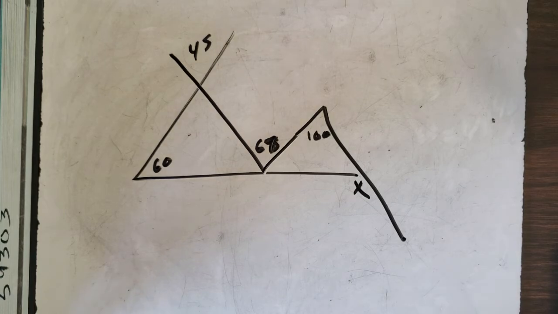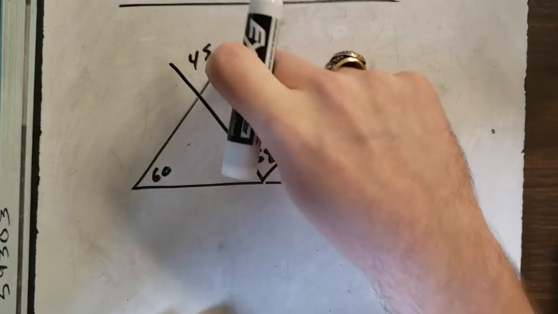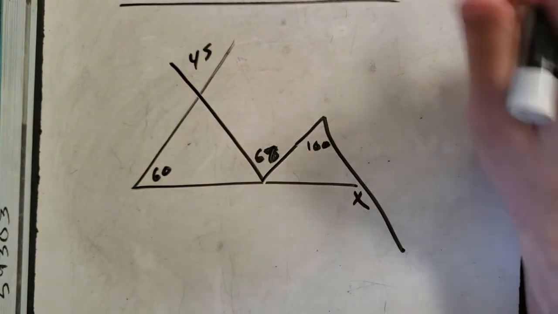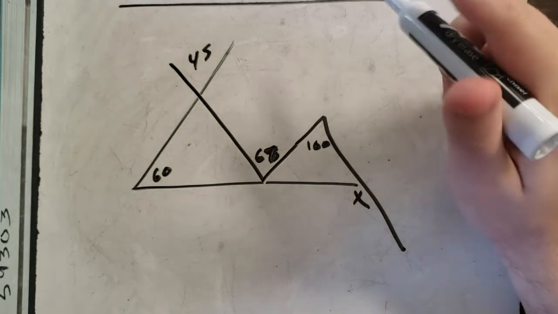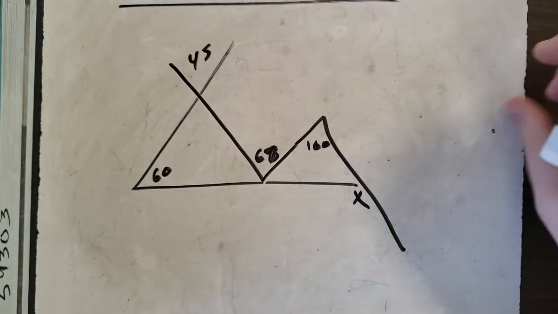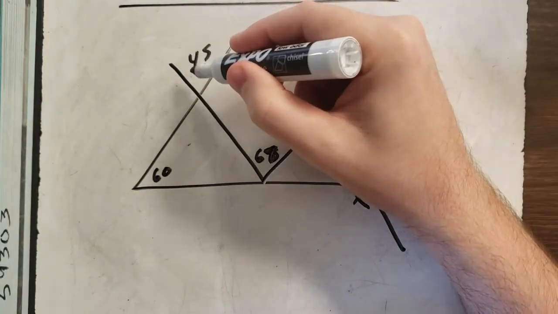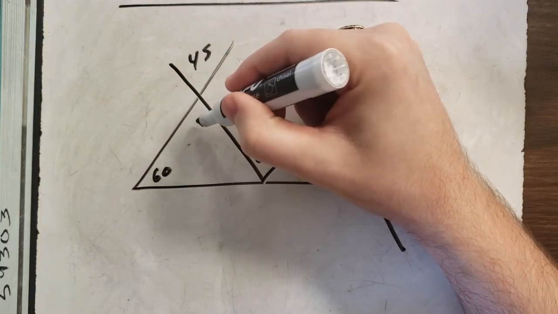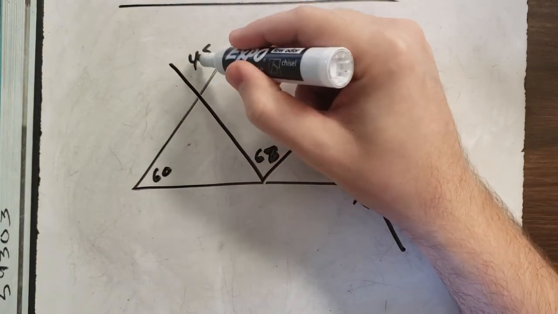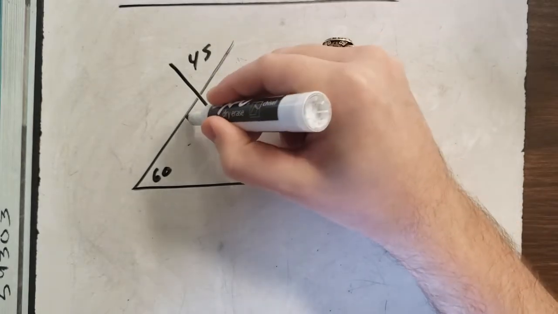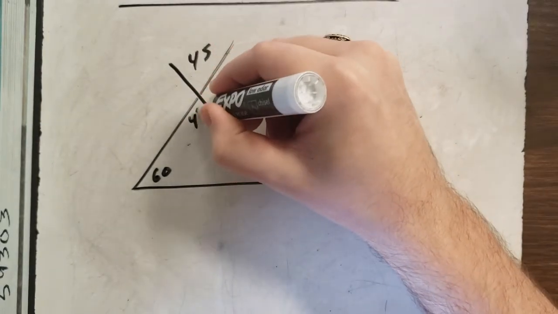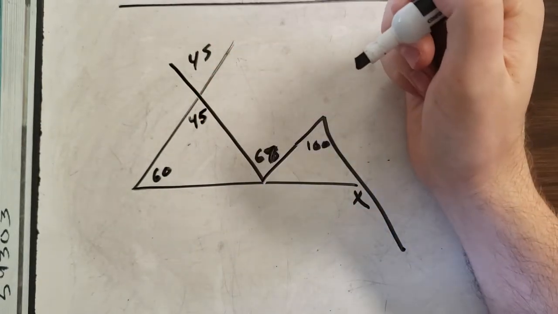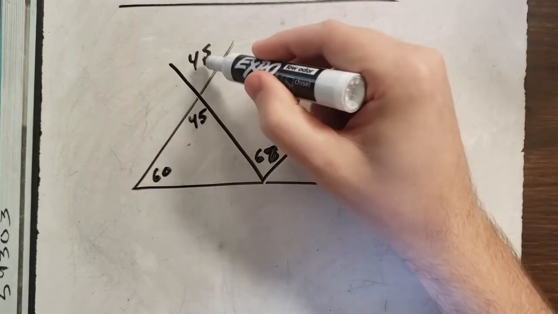Step by step. Start up here, 45. On our rules previously, this angle, if it's 45 here, has an angle directly across from it, vertical angles. So it's 45 here, it has to be 45 here.